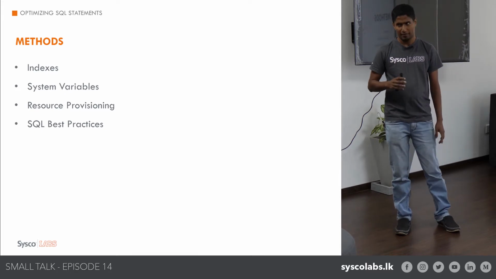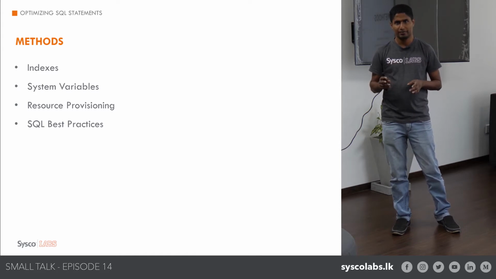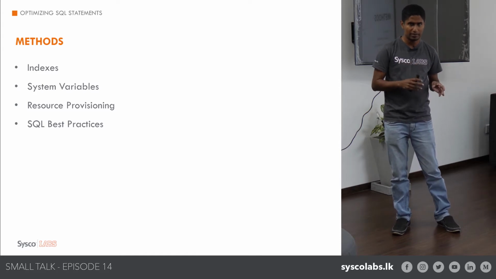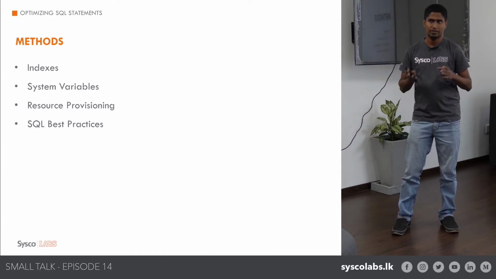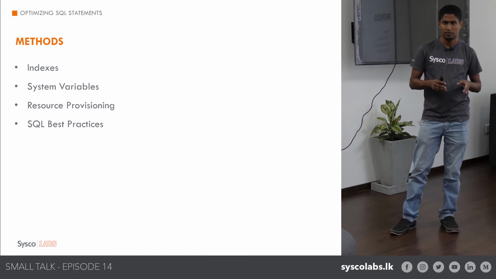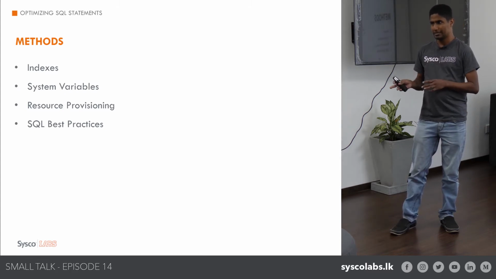We can create multiple indexes on a single table. When we actually execute a query, the optimizer will look at the statistics of the table and the list of indexes and decide which column should I use to access the data and which column should I use to filter the data.